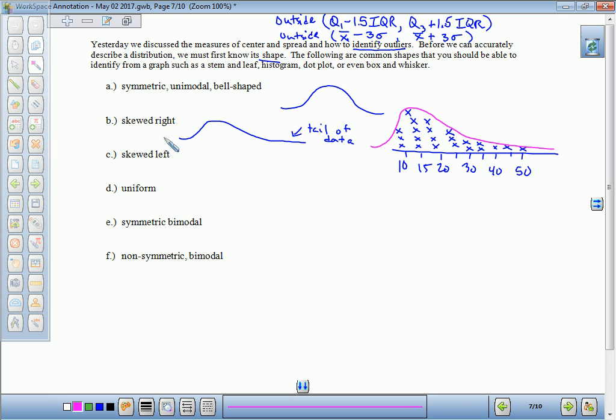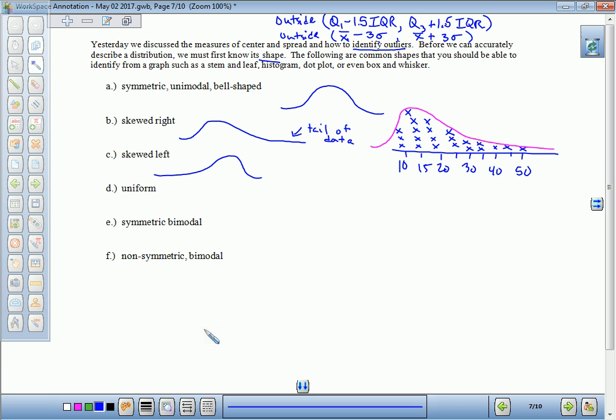So we would say this distribution of data is skewed right. Where do you think the tail is going to lie when it's skewed left? The other way, to the left. So the tail of the data is going to go to the left, so it would look like that.